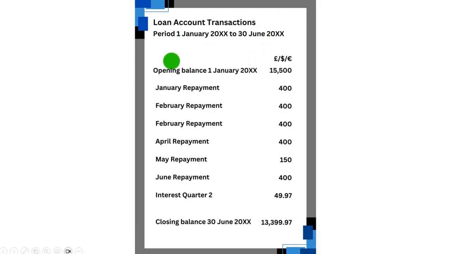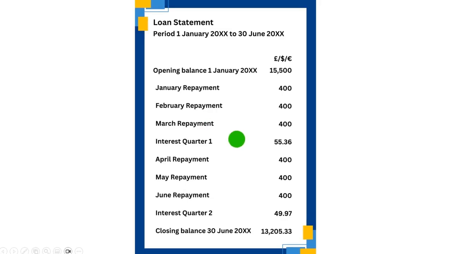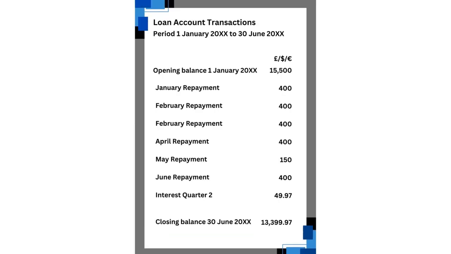Once again, we have an opening balance, transactions, and a closing balance. This is very typical of the nominal activity on a nominal account, or a report that can be generated through accounting software showing account history. So, the actual loan statement, 1st of January to 30th of June, and the accounting records for the same period.